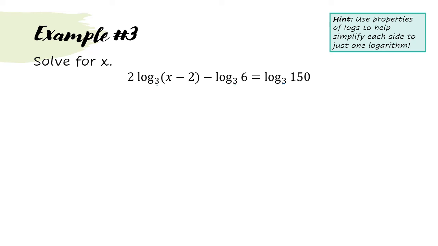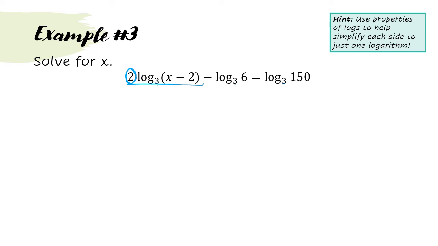The first thing I might do is take this first piece of my equation, 2 times log base 3 of x minus 2. I'm going to use what I believe was listed as our second property of logs, which means I'm going to take my number that is being multiplied by that log expression and turn that value into the exponent.